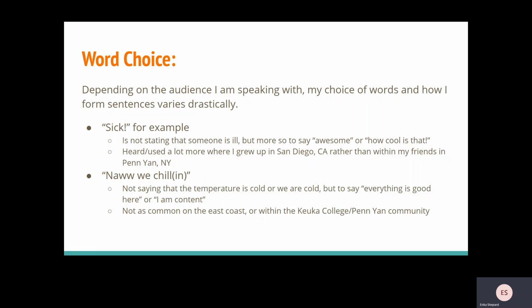When I first used this word in sentences amongst people in Cuba College and my friends in Penn Yan, it was not taken well. They were kind of just like, what the heck? Why are you using that word?